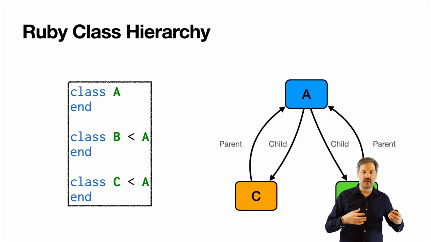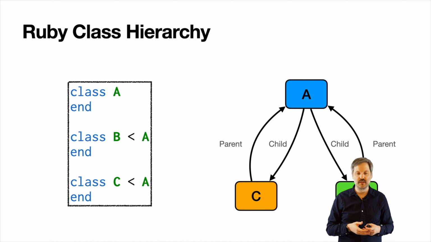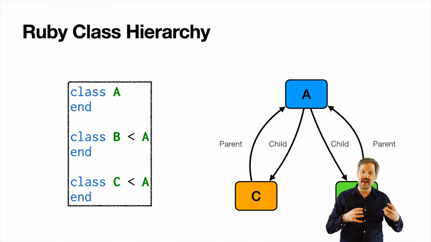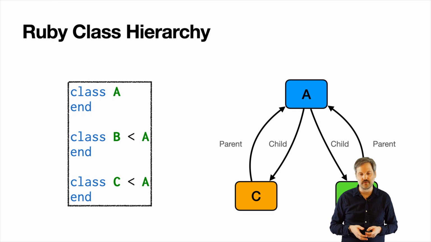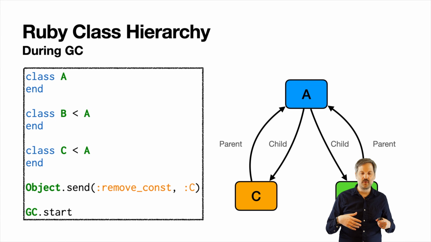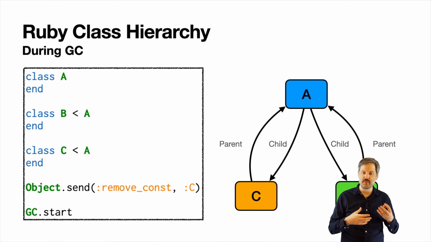In Ruby, we have classes, of course, and classes are objects, and here is a hierarchy of 3 different classes. So Ruby internally tracks the parent and child of each class like this. So they have kind of a relationship like in this diagram. A child has a reference to a parent, and the parent has references to its children. Now, let's say one of the classes gets garbage collected, or all the references go away.